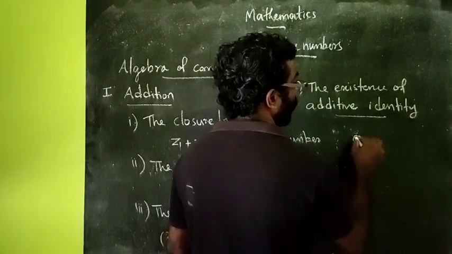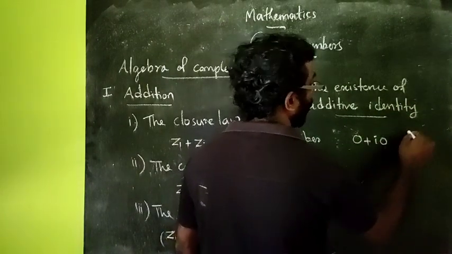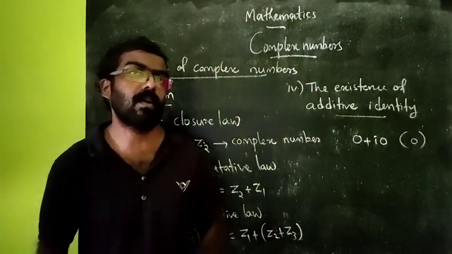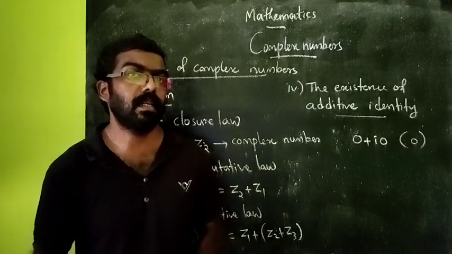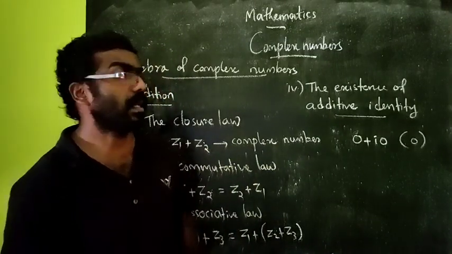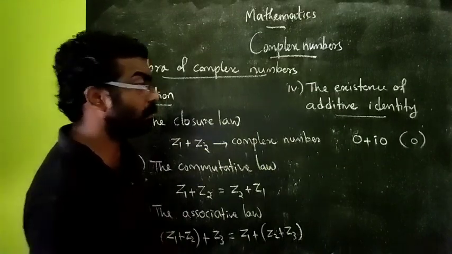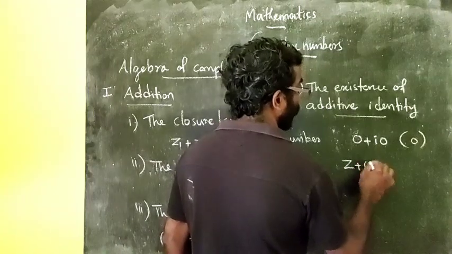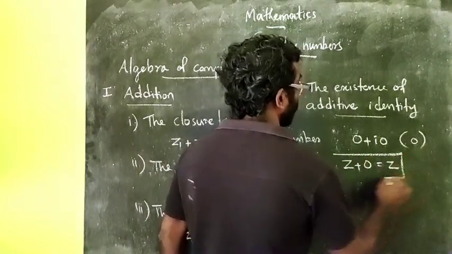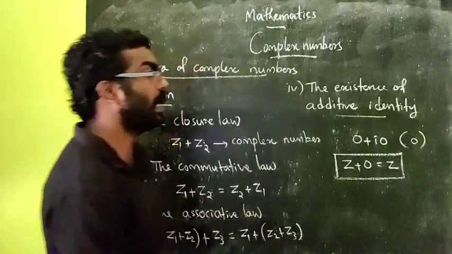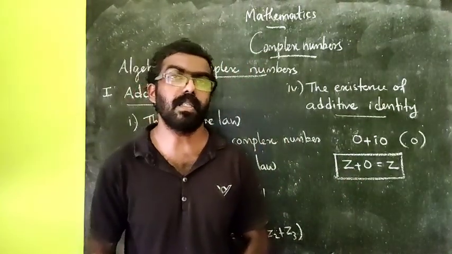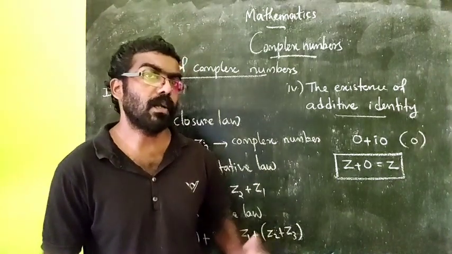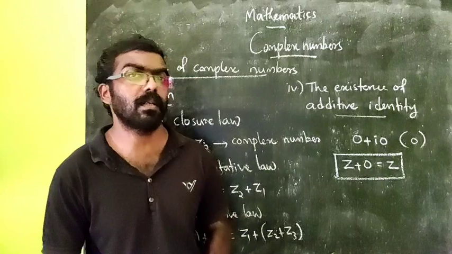So the number 0 plus i0, or simply we can say 0, is called the additive identity or the identity element in addition for the set of complex numbers, such that for every complex number z, z plus 0 gives z. So the number 0, that is 0 plus i0, is called what? Additive identity or the zero complex number.